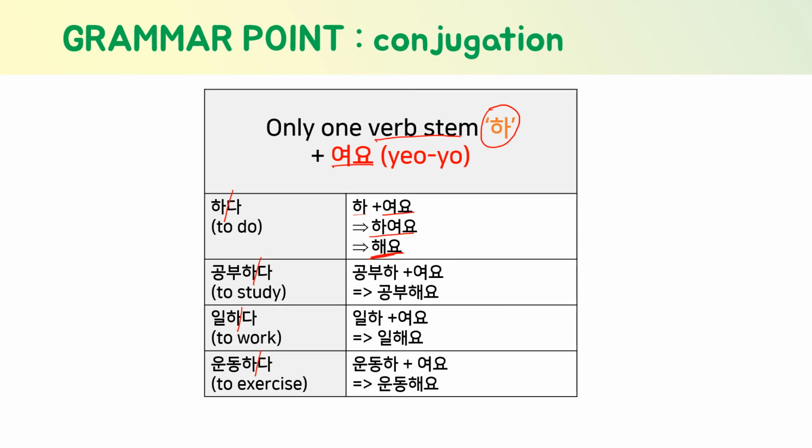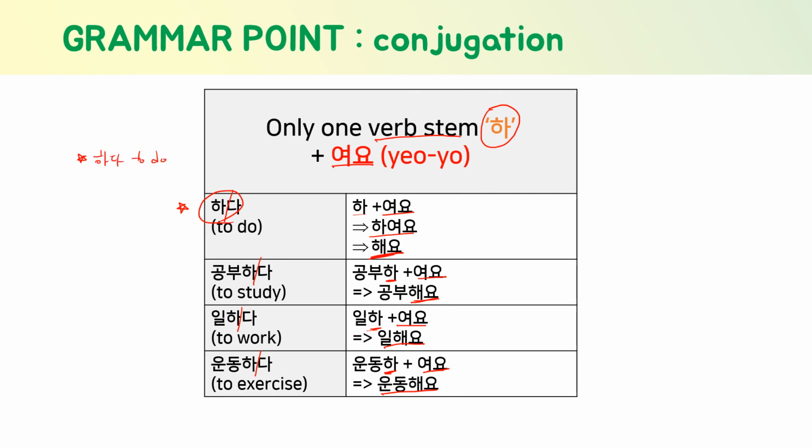So 하다 becomes 해요. 공부하여요, the same as 공부해요. 일하여요 becomes 일해요. 운동하여요 becomes 운동해요.